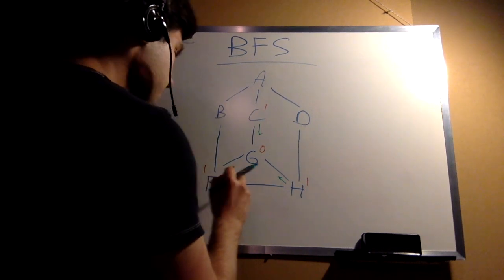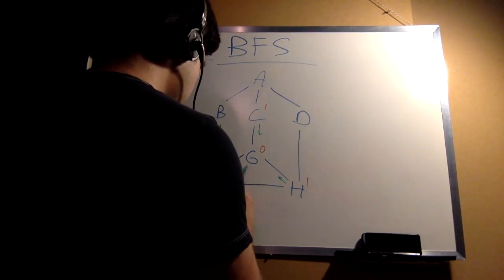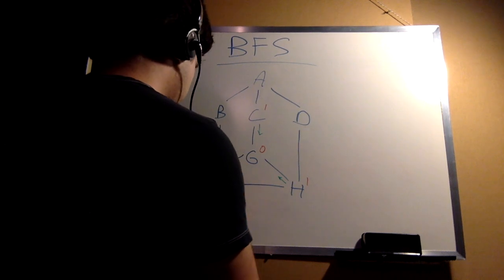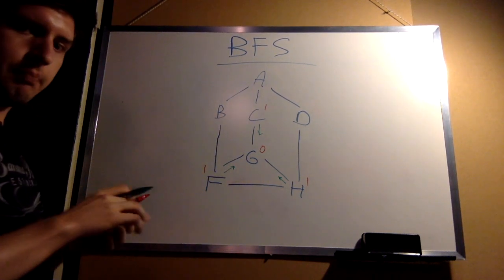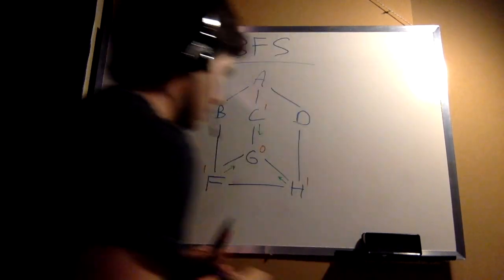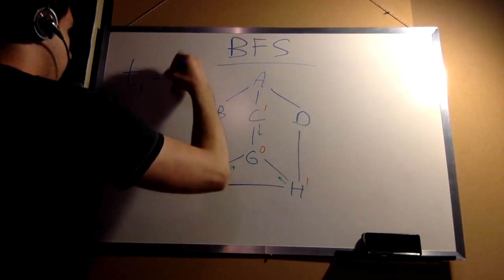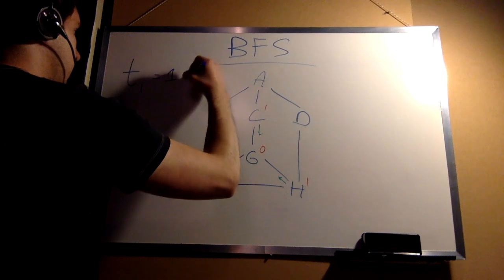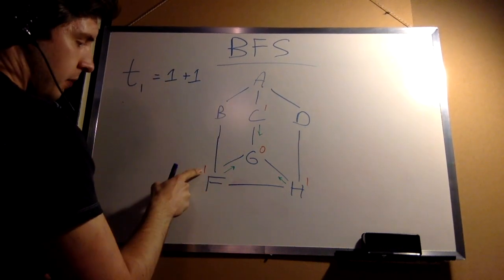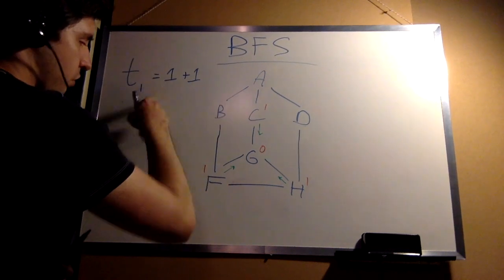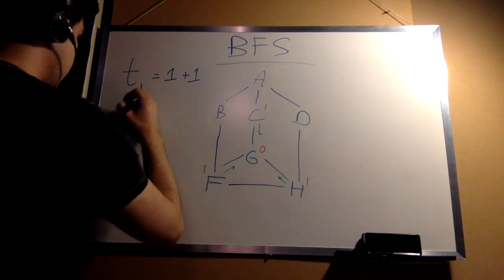Okay, so for our equation, our time is 1 plus 1. The 1 is from the time registered on F, and the other one is just, we add 1 every time we're exploring.